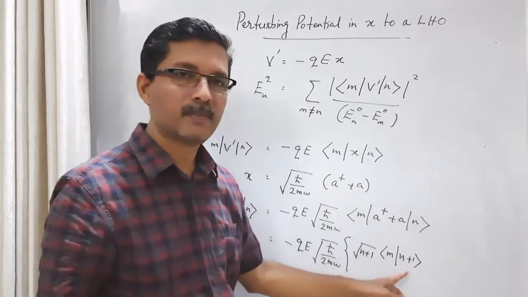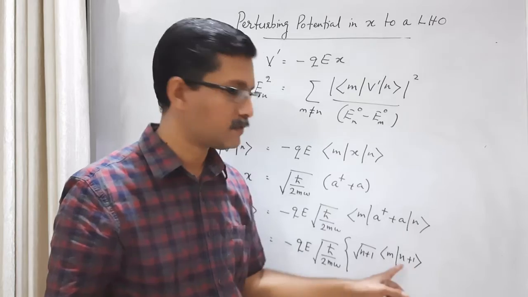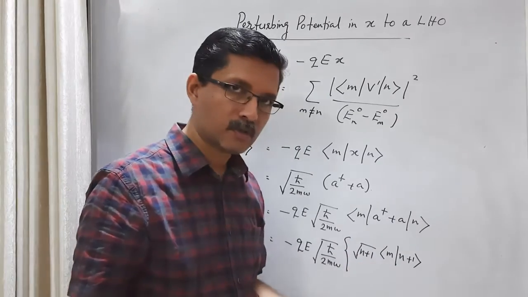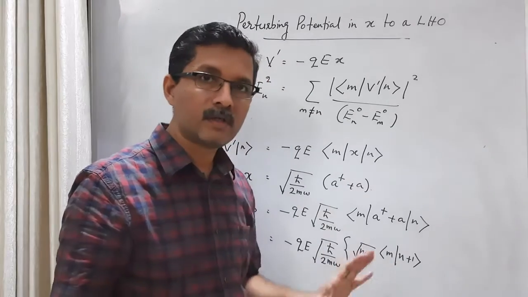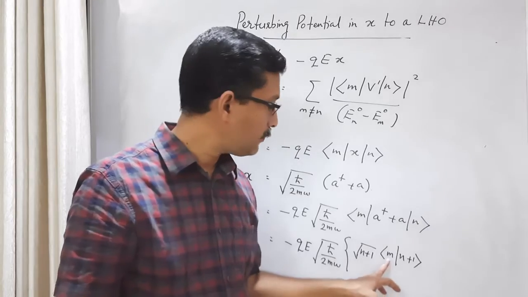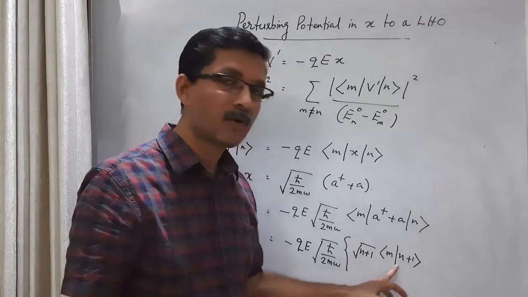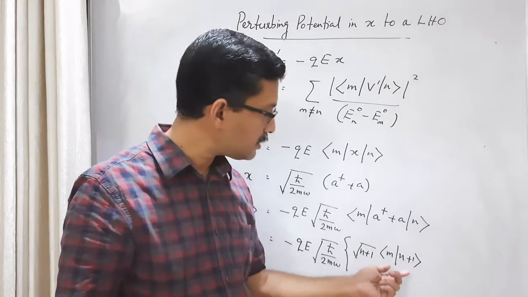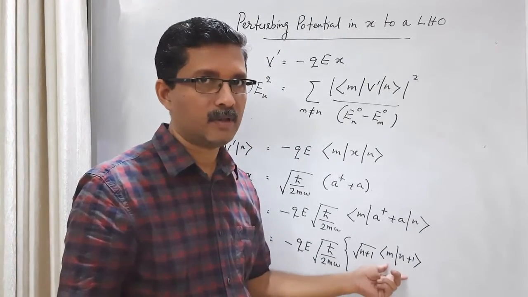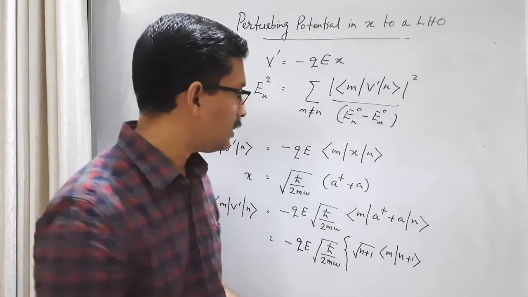We know that ket n and ket n plus 1 are mutually orthogonal, so this inner product should be 0. But m is not equal to n. That means m can be n plus 1 also. If m is equal to n plus 1, this inner product can be 1. So there is a possibility that this inner product is 1. It can be not so.